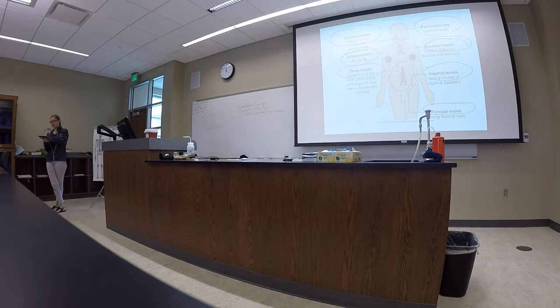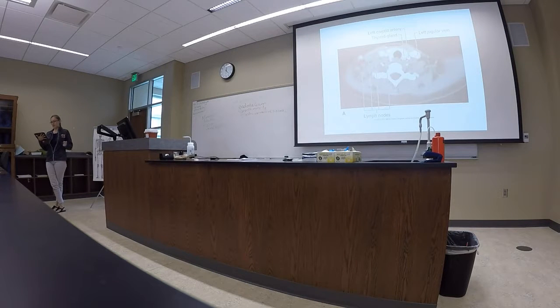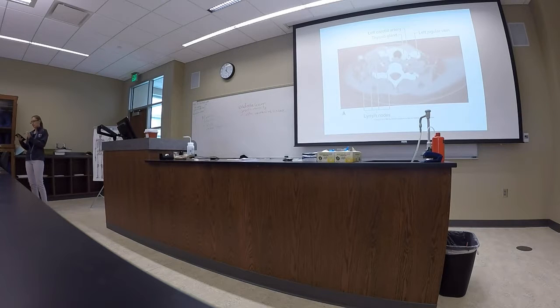All right. So here's an example of a CT that just is showing some enlargement of lymph nodes. So here, pointed out by the diagram, typical of lymphoma. So normally we would not see those large lymph nodes.